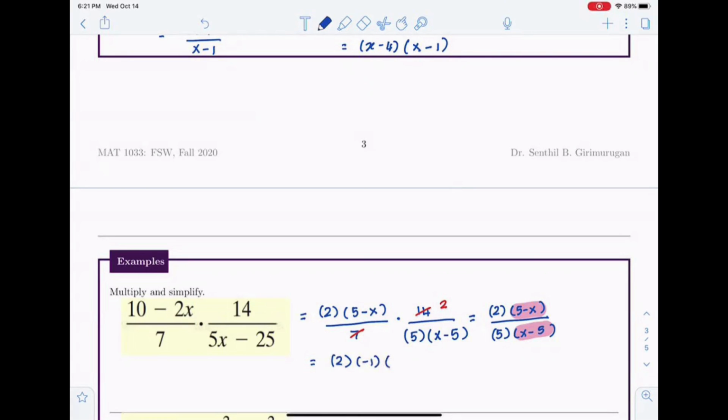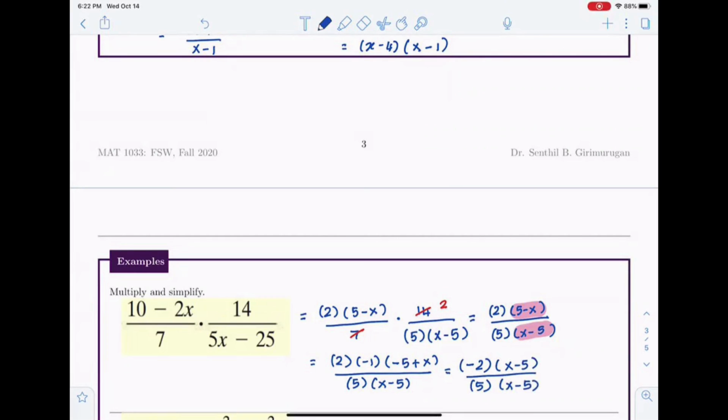If I pull a negative out of the +5, it becomes -5. If I pull negative out of -x, I have +x divided by 5 times x minus 5. So I would end up getting -2 multiplied by x minus 5 divided by 5 multiplied by x minus 5.